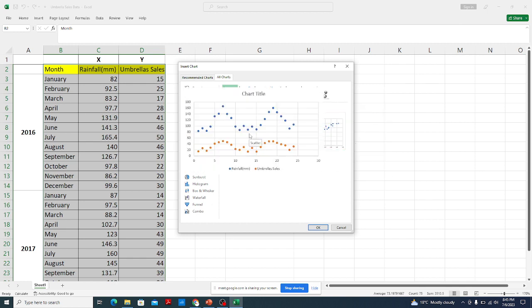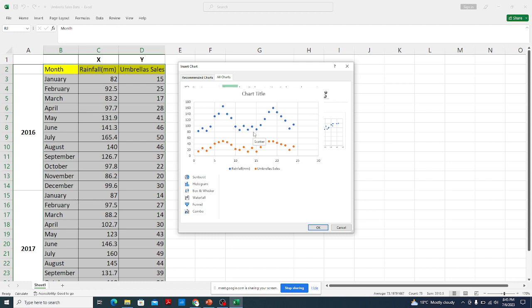This one is mostly showing the data points trend, and in this case the rainfall amount is on the y-axis. But the rainfall amount is not what we are trying to predict.